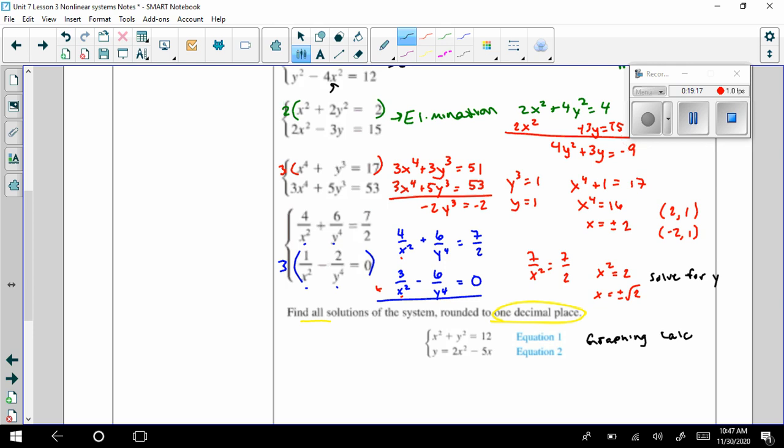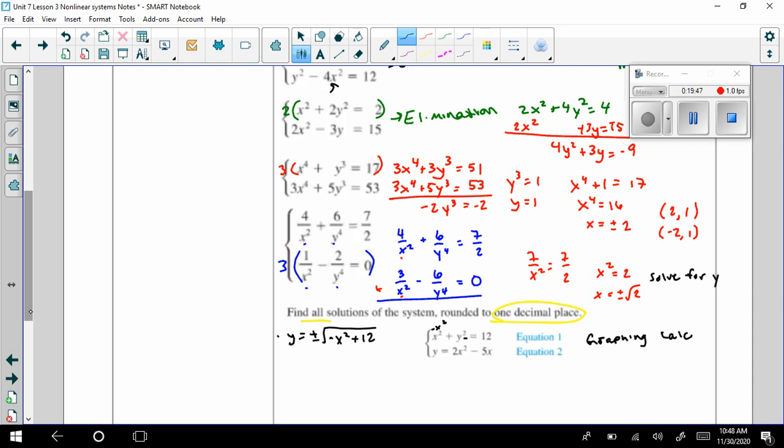So for equation 1, you would need y equals plus or minus, so you do both, the square root of negative x squared plus 12. I skipped a lot of steps there, but you subtract the x squared and then square root both sides. And then the bottom is already ready to type in. But this becomes equation 1a and equation 1b, if you will.